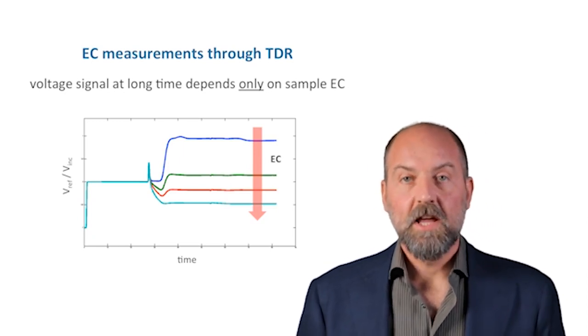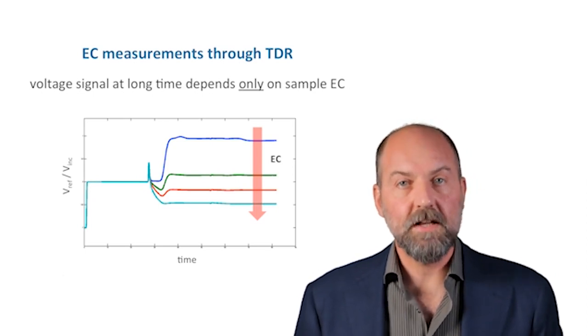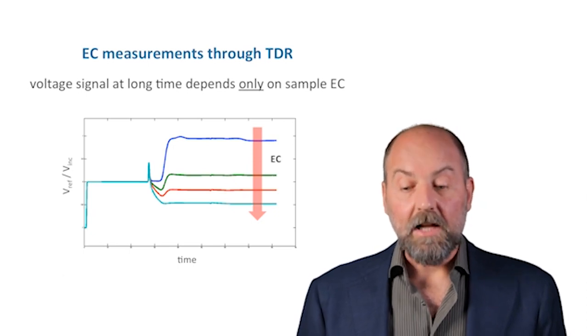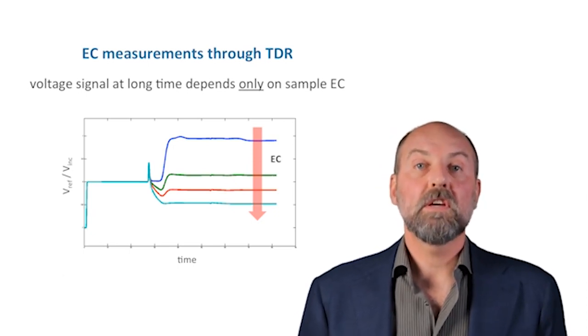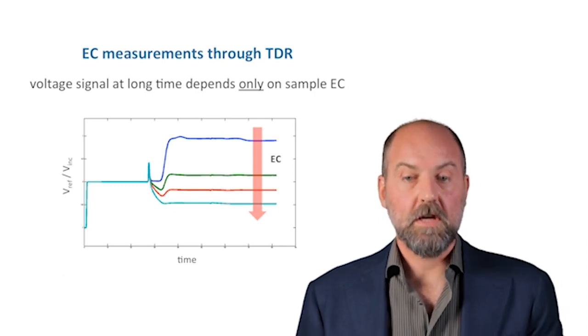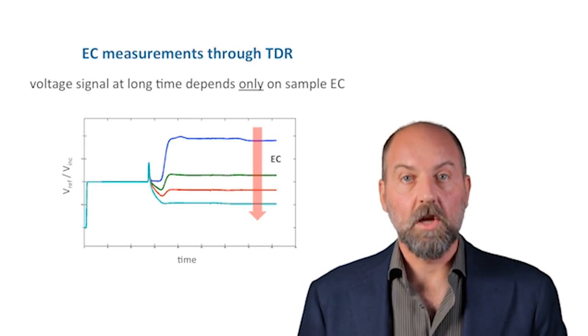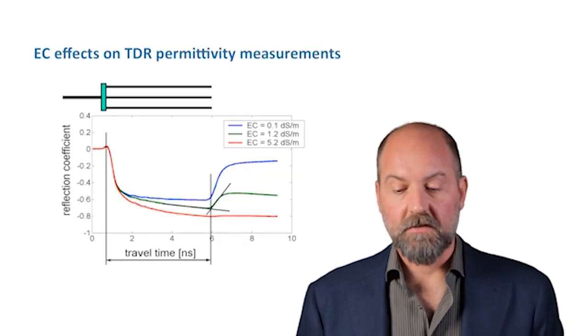And we notice that the signal reaches a plateau, a steady value. And this value happens to be dependent on the electrical conductivity of the sample. Therefore, if we can measure that value of the signal at a long time, we can estimate rather easily the electrical conductivity of the sample.